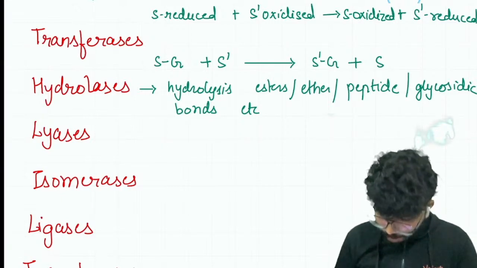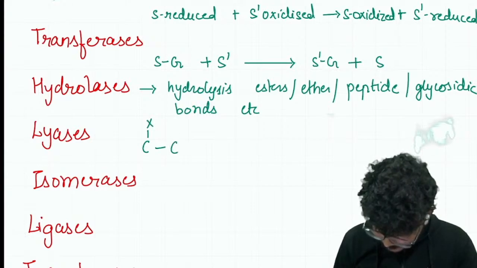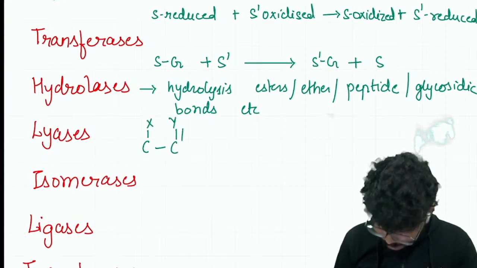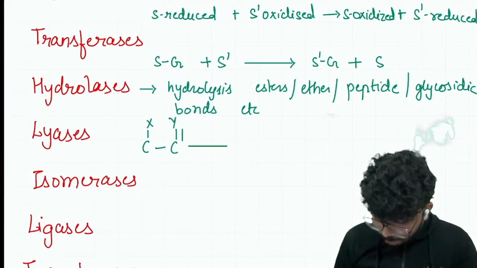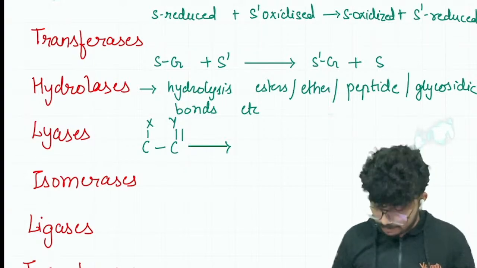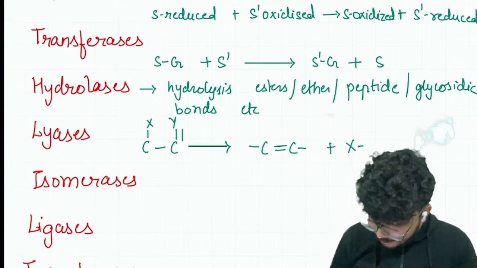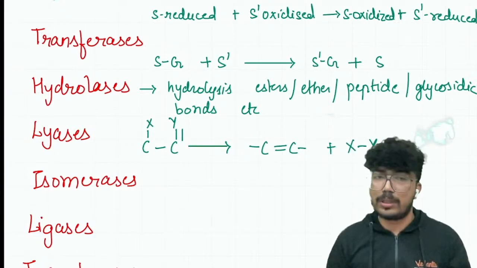If I have to write a formula for it, let's say I have C-C with X and Y attached. The lyase enzyme will remove the XY group and establish a double bond between C and C. So you will get a double bond here, and X and Y will get removed. So here you have the lyases.